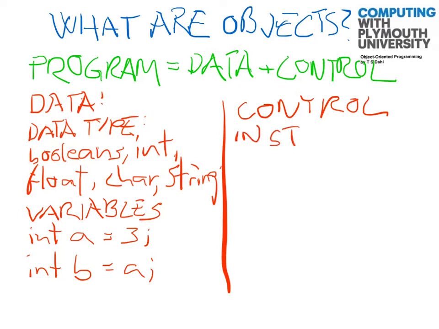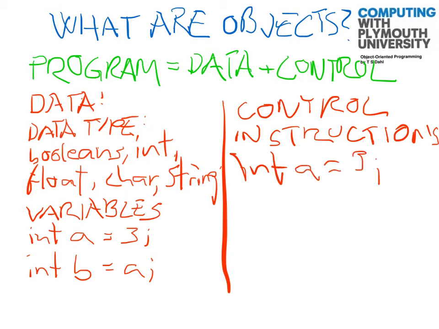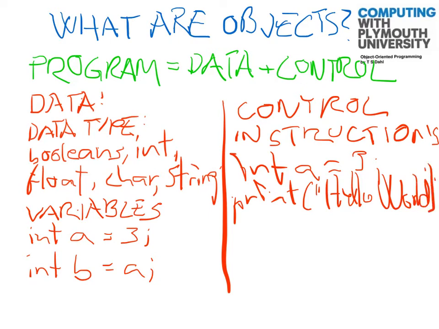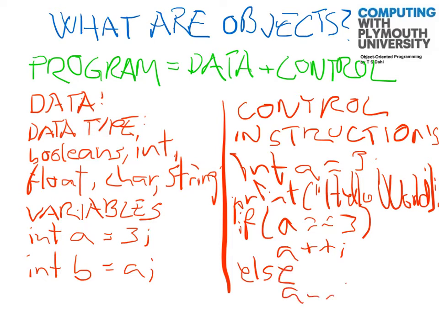They can be things like assigning a value to a variable, printing something out, or we have instructions that can choose what to do depending on a condition, such that if the value of a variable is one thing, then it can execute one instruction, otherwise it can execute another instruction.